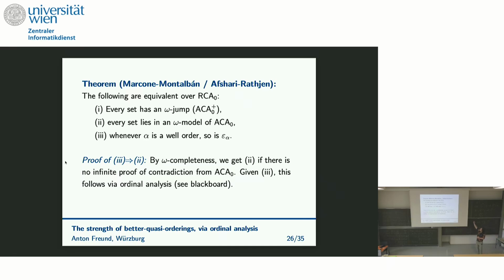So in order to show that these omega models required by 2 exist, you only need to know that there is no infinite proof of contradiction, no omega proof of contradiction from the theory that you want to have in your model, so from ACA_0. And it turns out, well, ordinal analysis does precisely that. It gives proofs of consistency, and it uses ordinal bounds in order to do so. And it turns out that 3 provides precisely the bound.